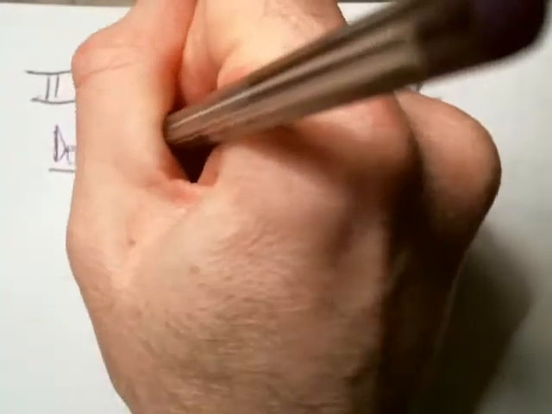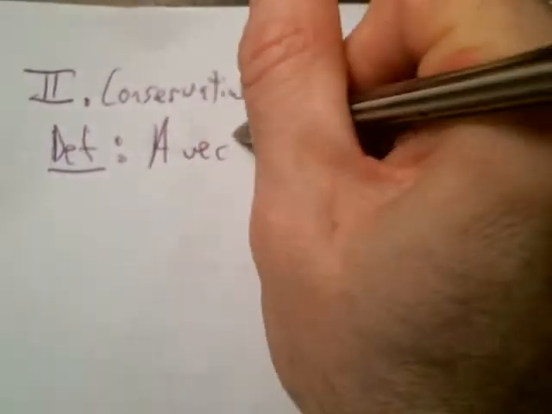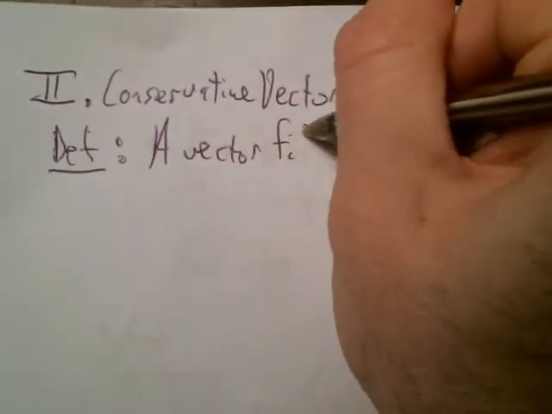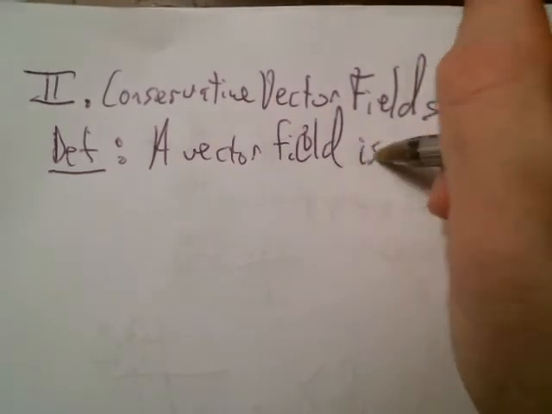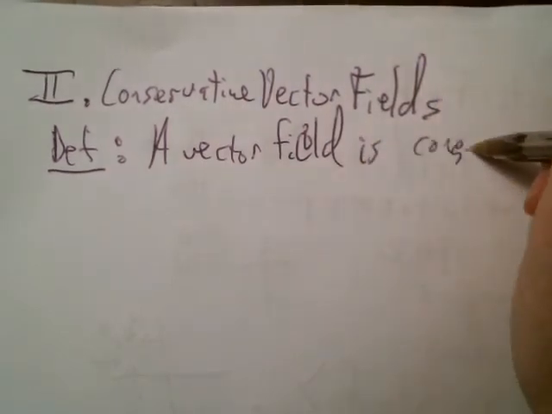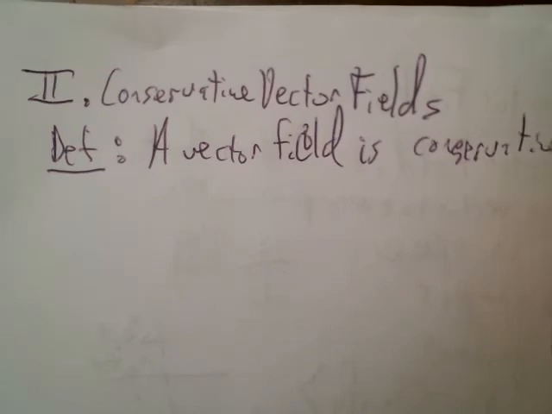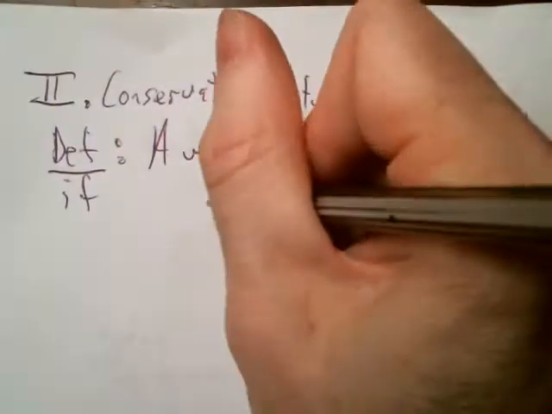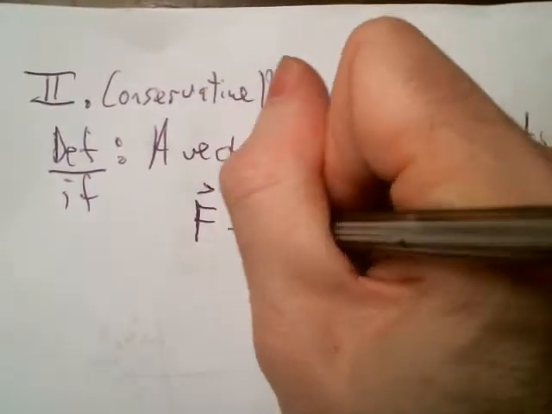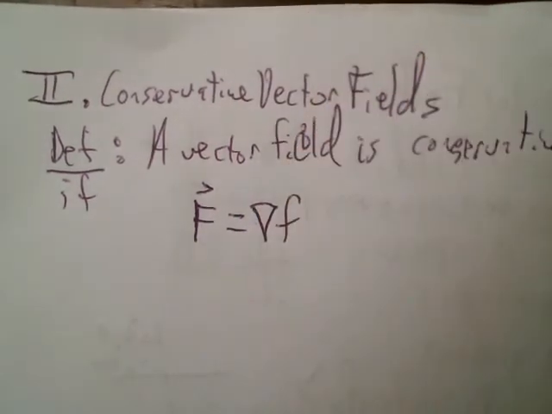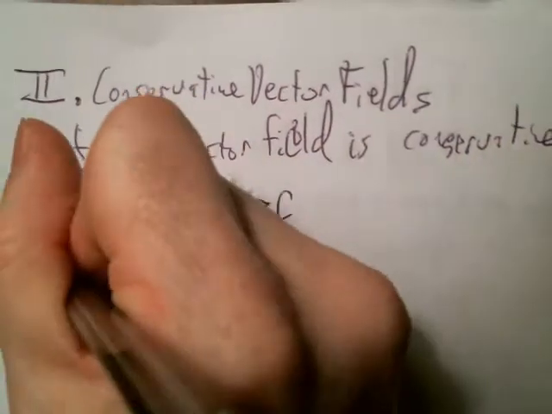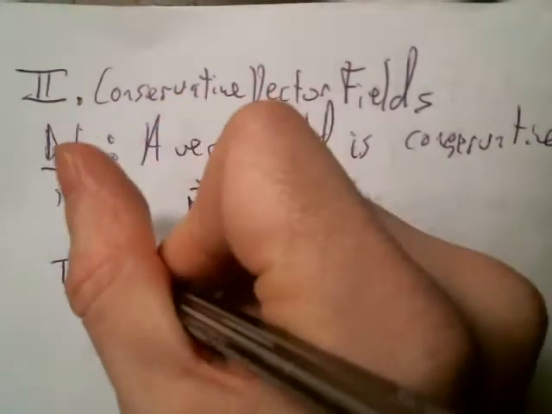Okay, so the definition: a vector field is conservative if the vector field is equal to the gradient of some function that we don't know. Okay, this function f is called the potential function.